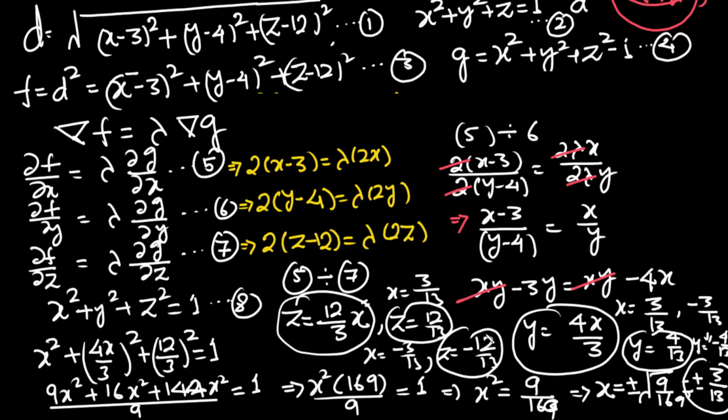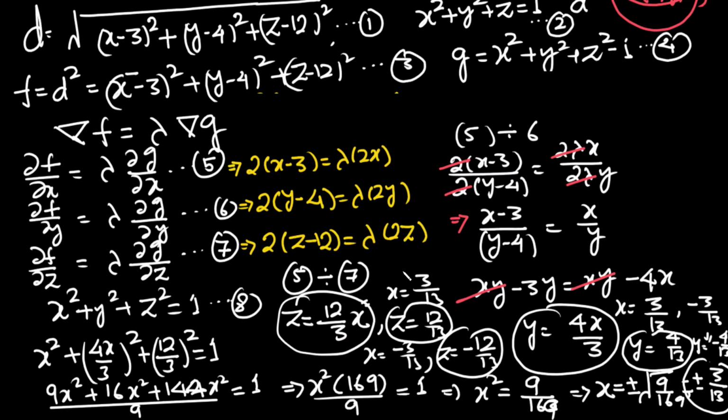So we have two sets of points at which the function will have a maximum value or a minimum value. First set of points is x is 3 by 13, y is 4 by 13 and z is 12 by 13. And the second set of values are x is minus 3 by 13, y is minus 4 by 13 and z is minus 12 by 13.